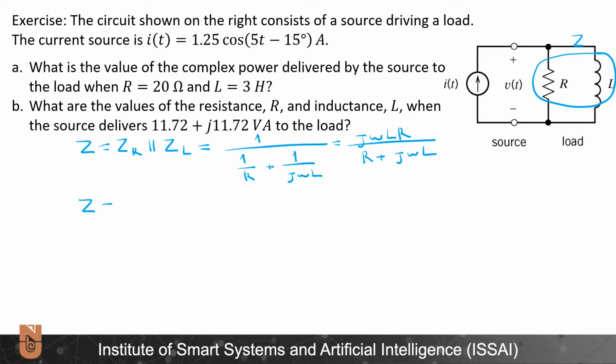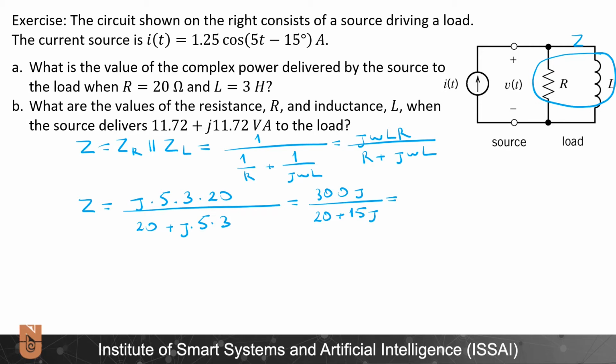If we plug in the values, we get j times 5 times 3 times 20, divided by 20 + j times 5 times 3. This is 300j divided by 20 + 15j, and with some complex algebra this equals 12 at an angle of 53 degrees ohms. So I found my impedance.